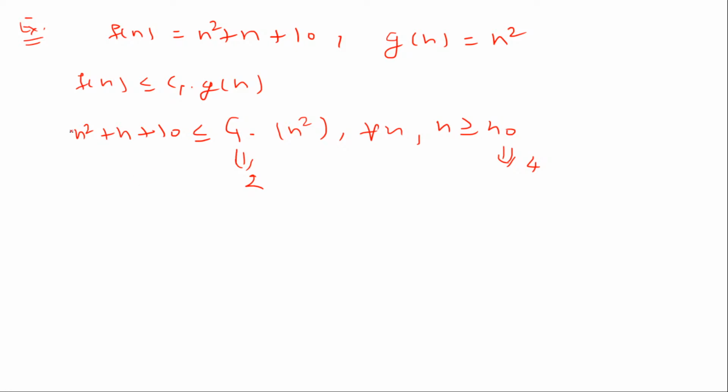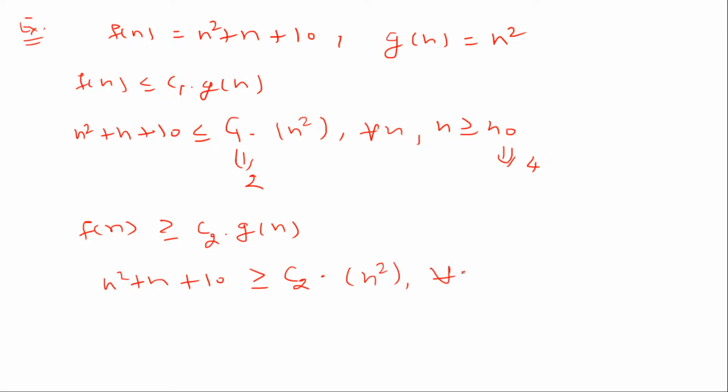And for omega, fn greater than or equal to c2 dot gn. n square plus n plus 10 greater than c2 dot gn n square for all n greater than or equal to n naught.